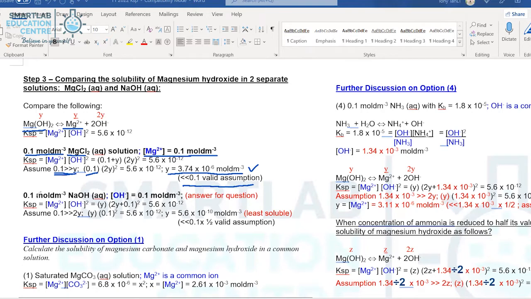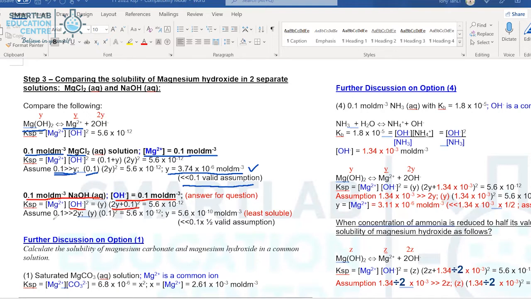We'll now do likewise if we were to dissolve magnesium hydroxide in 0.1 mol per dm³ of sodium hydroxide. In the same way, concentration of OH- is now 0.1 mol per dm³ inside the Ksp solution, which means the concentration of OH- in the Ksp expression should be 2y plus 0.1.